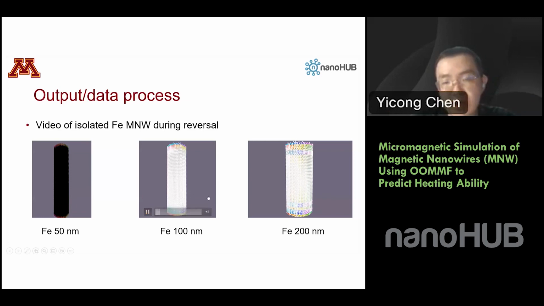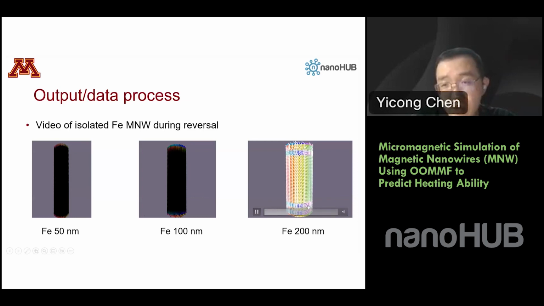With the increase of the size of the nanowire, you can see the portion of the nanowire forming the vortex becomes larger compared to the 50. More parts of the particle form this colorful region. And if the size is even larger, say 200 nanometer, there will be separated different domains.